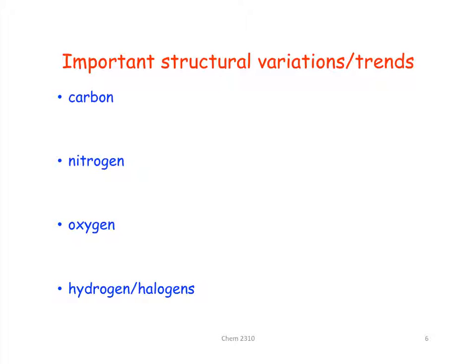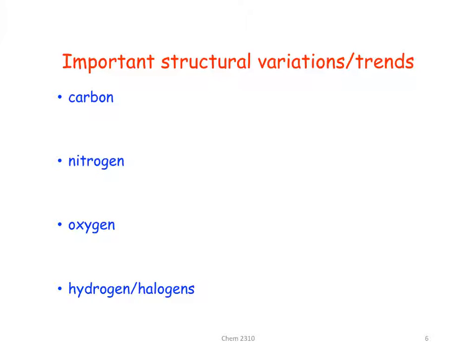Okay, so let's look at some various trends. We're going to draw out what we would expect for normal bonding for these atoms that we're going to use. And for each of these cases, we could go and figure out all the formal charges, but it's better if, just by practicing this, we get to recognize these various situations.